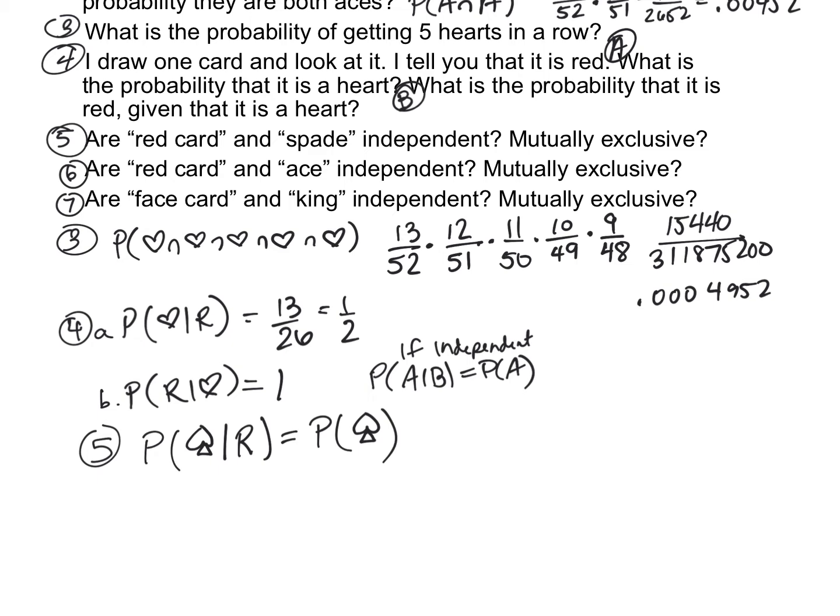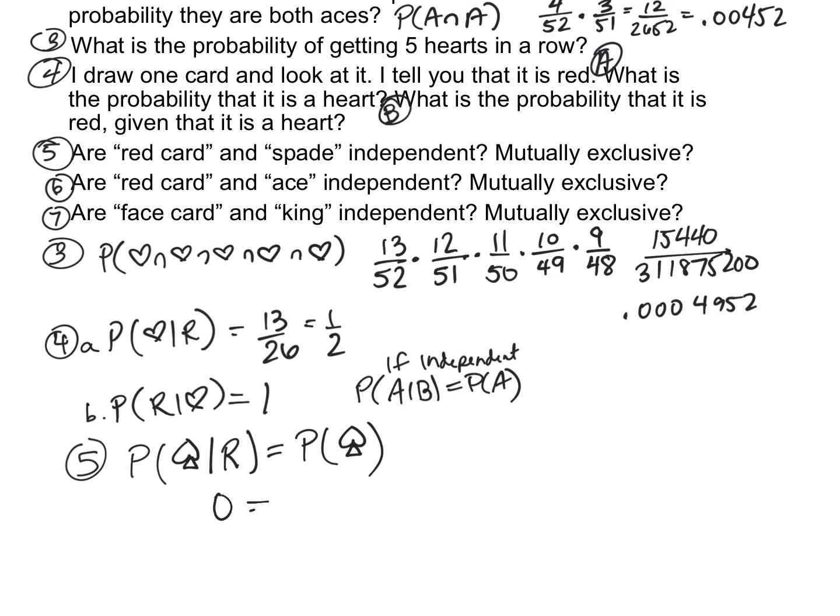So this probability is 0. And the probability of getting a spade is 13 over 52, or 1/4. So it's not independent.